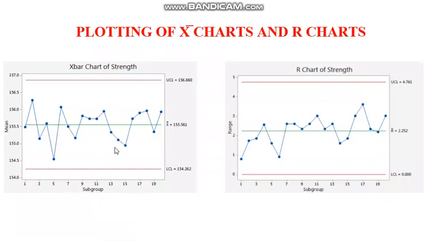I'll show you some charts where points fall outside and how they are shown. In that case, where a point has fallen outside, you can show it in red color. Inside the control limits, it means blue color, as it is shown here, you can use.